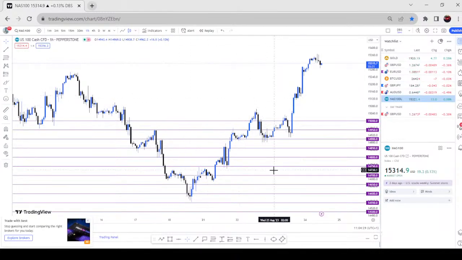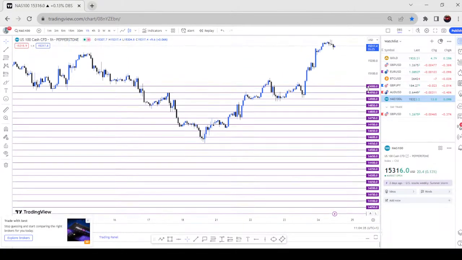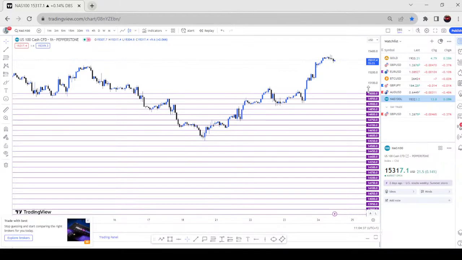I remember this. Okay, that's even good. This particular pair you're seeing right now, I was practicing what I learned from Jeffrey Benson, the way he trades the GBP. I was practicing it on NAS 100.